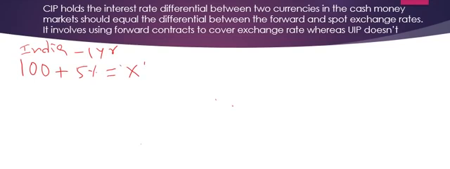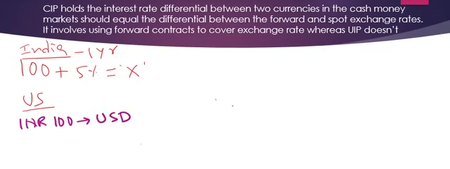For example, now you are investing this amount in the US. So before investing, what you should do is convert this 100 into USD. So you have INR 100 and you are converting into USD based on the exchange rate.